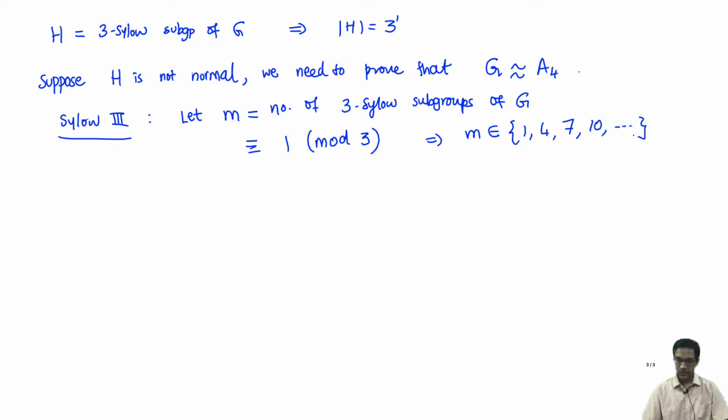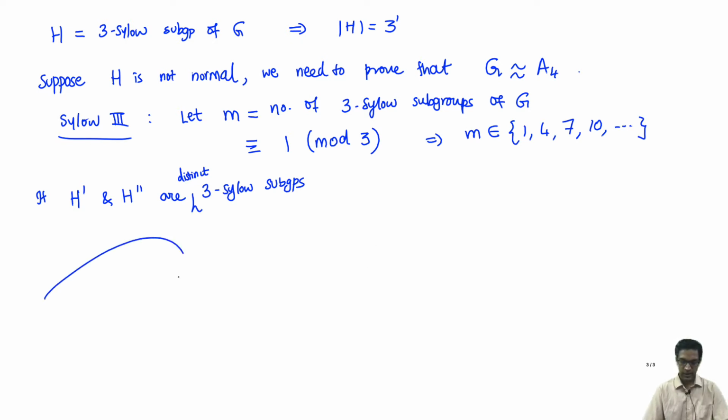Okay, now let's try and understand this 3 Sylow subgroup a little better. Suppose H prime and H double prime are two distinct 3 Sylow subgroups, then what does that mean? Let's try and draw a picture. I have H prime.